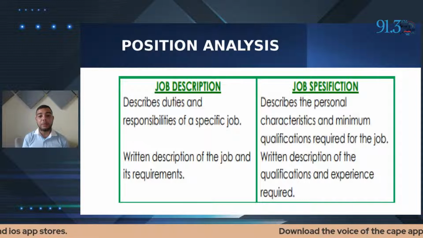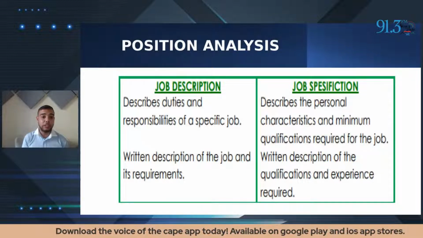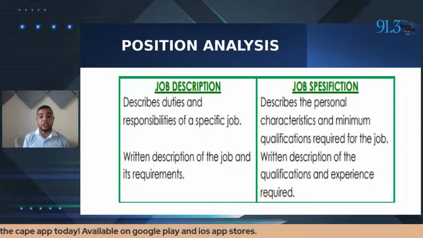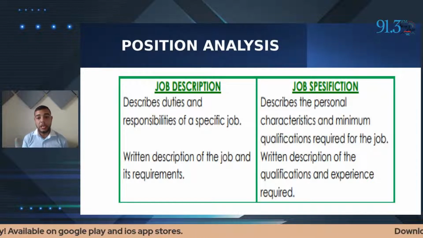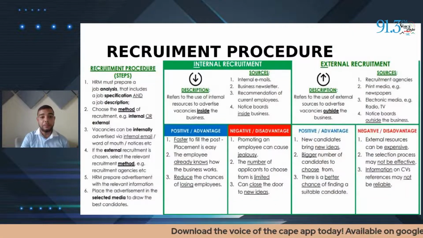So it describes the personal characteristics and minimum qualifications required for the job. So job description, you're describing what you're going to do. Job specification is the qualifications that you need for the job. So it is a written description of the qualifications and experience required.